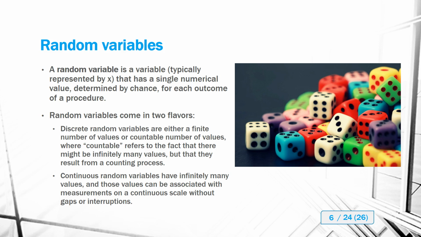And just as we saw with data values, they can come in two flavors, discrete and continuous, which mean the same thing that we've seen before. Discrete random variables are those that we can count as whole values, whereas continuous random variables are those that we can count parts as well as wholes.